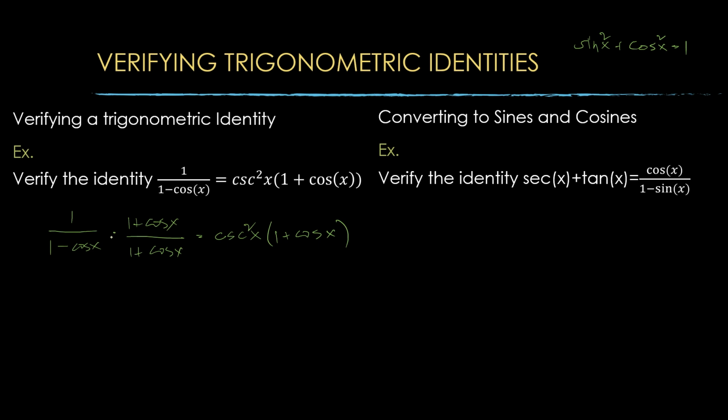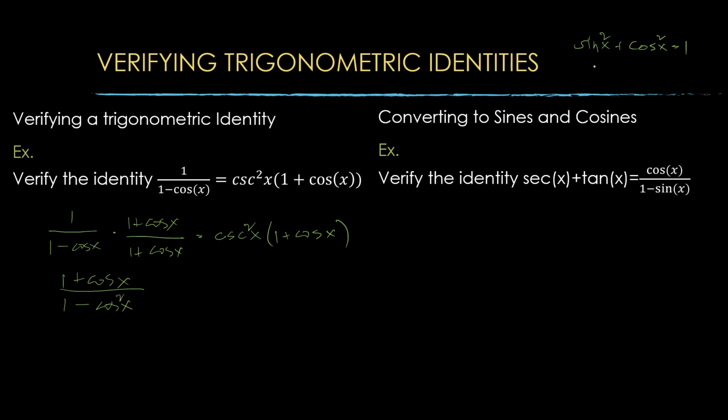After we multiply, it will look something like this: 1 plus cosine of x all over 1 minus cosine of x squared. And what is this equal to?